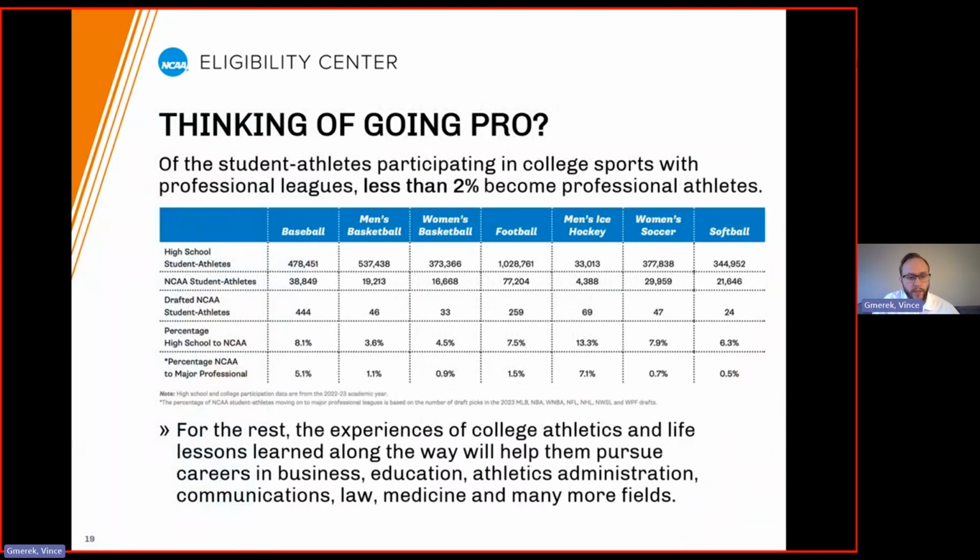Another question we get very frequently, especially at this stage in the process from incoming students, is how to become a professional athlete. The NCAA only governs amateur athletes. And so we are only able to really provide good information about the collegiate sports experience.